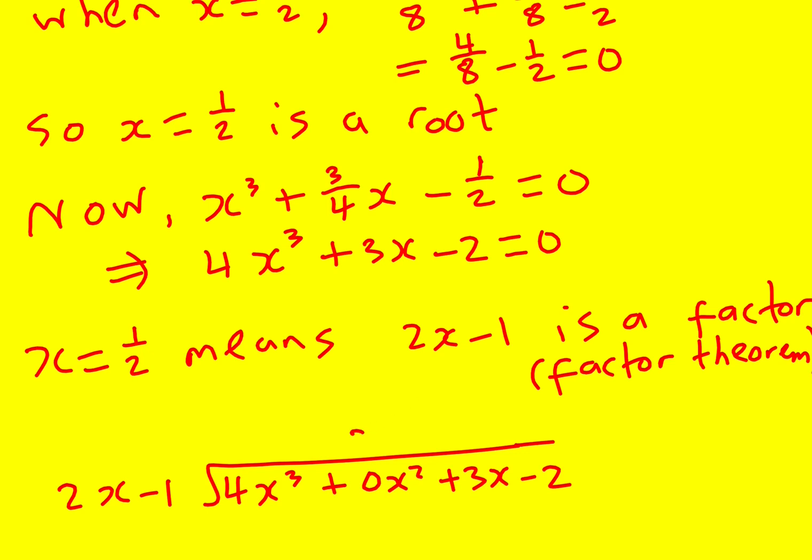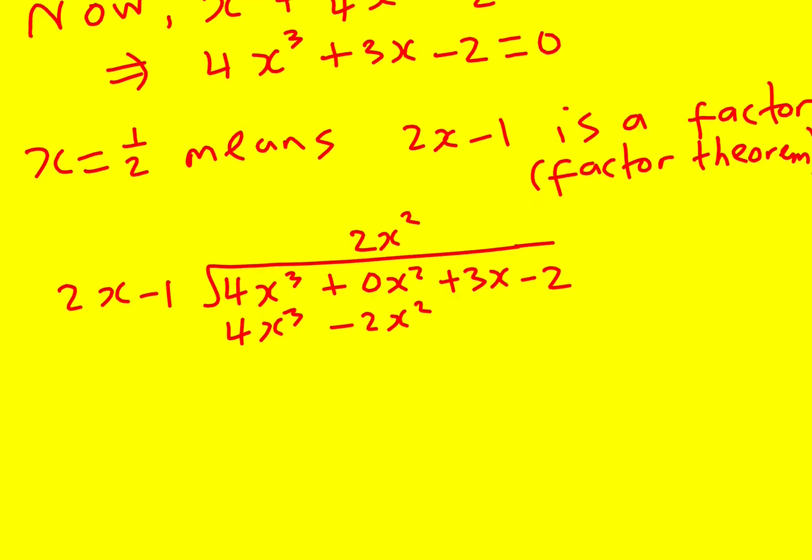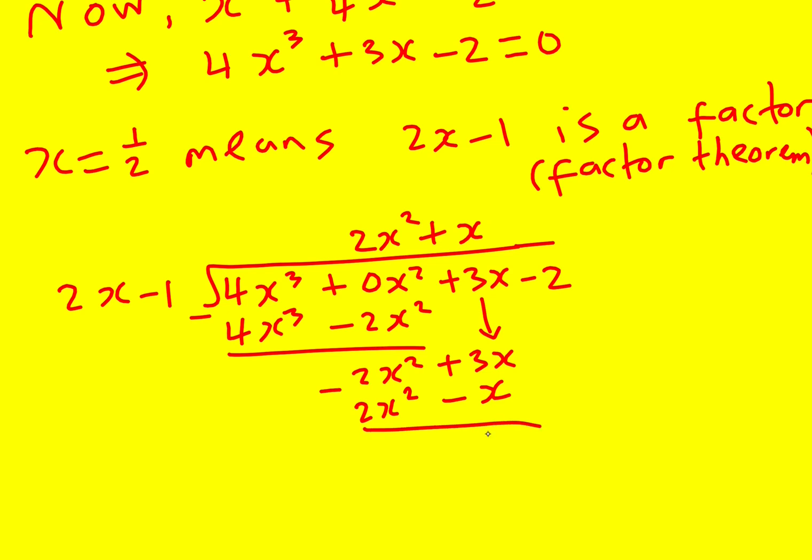Okay, we're going to get 2x squared, then 2x into 2x squared will give x. 2x into 4x will give plus 2.